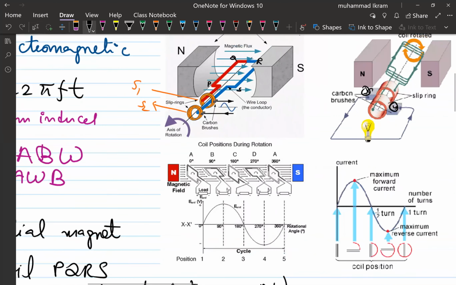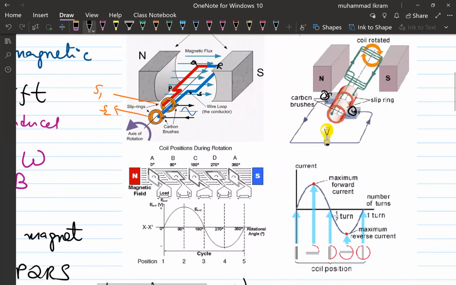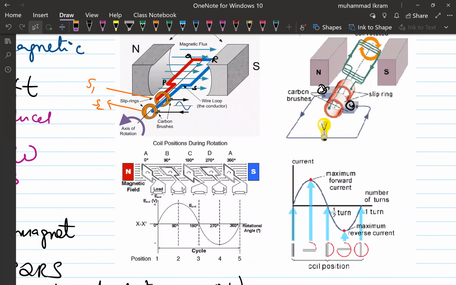Now just see a magnified view of the diagram here. In the first case, when the coil is in the vertical position, there is magnetic flux here, but the induced EMF through the loop of the coil is zero.